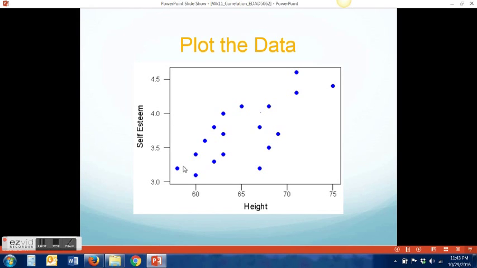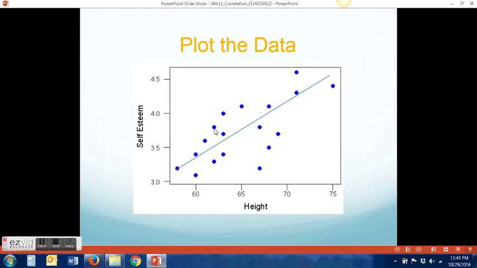Now, as I look at it, I think maybe positive relationship. Now, if it were a perfect relationship, it'd probably be this 45-degree angle. So it's not quite that. But as I look at it, it looks like it's probably a pretty strong relationship. That's what I think. Let's see.